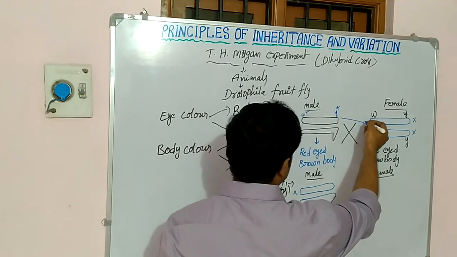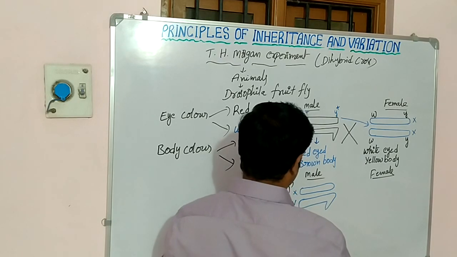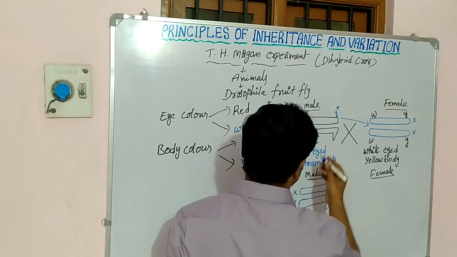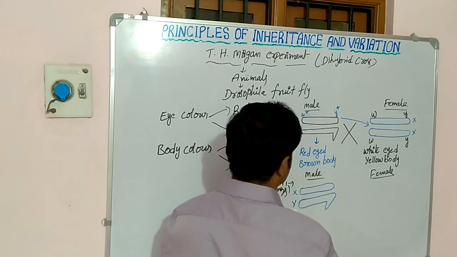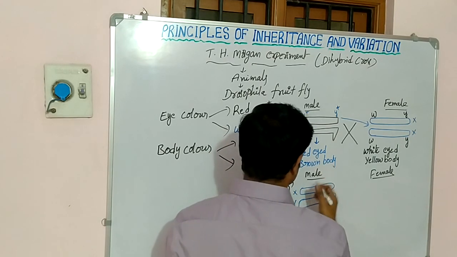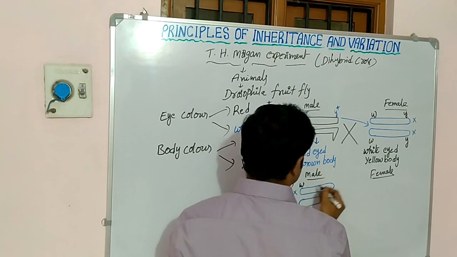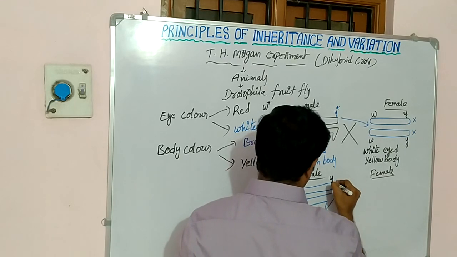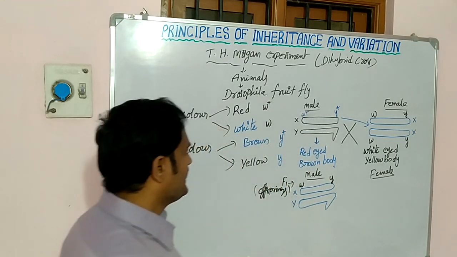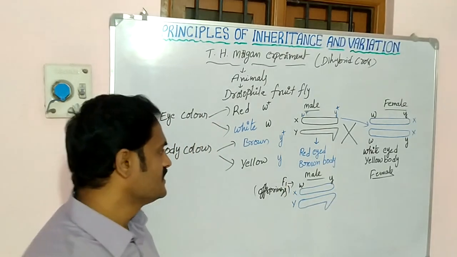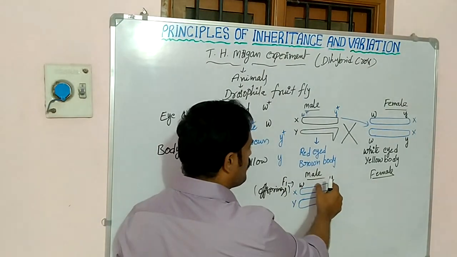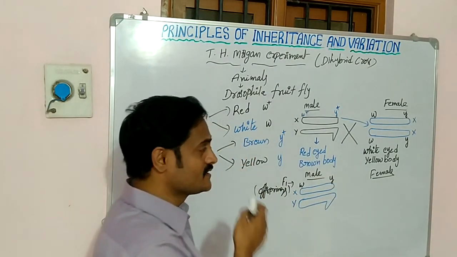Then what kind of gametes will form here? W and Y. Here genetic material is exchanged. So this is one type of offspring.